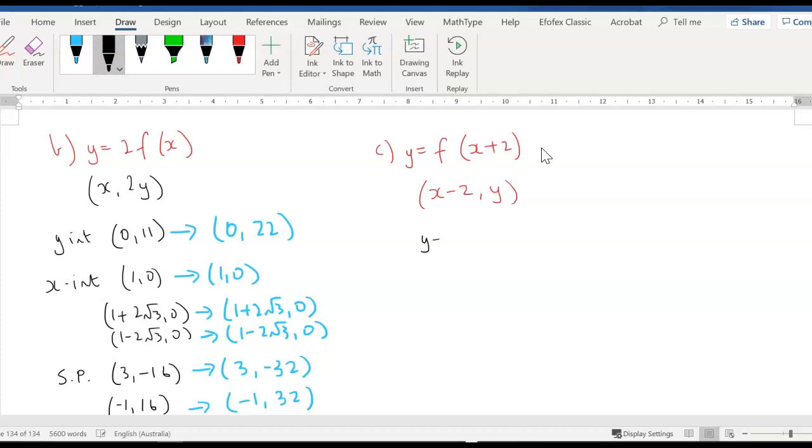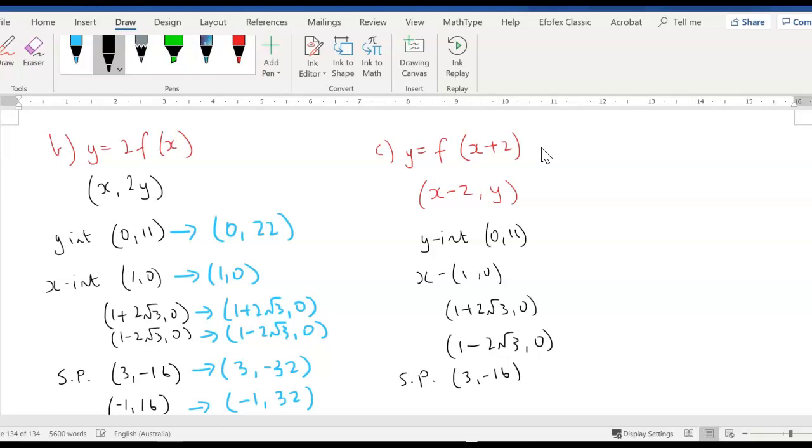So your y-intercept originally was (0, 11). Okay, and I'll just write the x-intercepts (1, 0), (1 plus 2 root 3, 0), (1 minus 2 root 3, 0), and then your stationary points (3, -16) and (-1, 16). All right, so we're going to change those points.